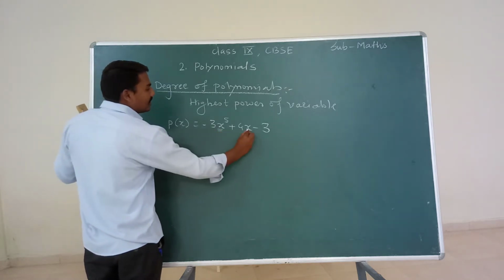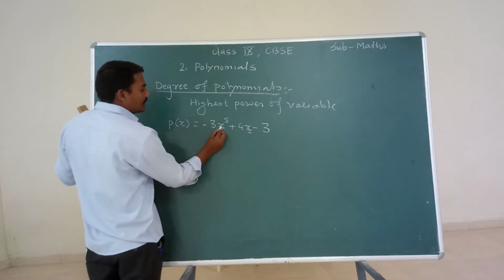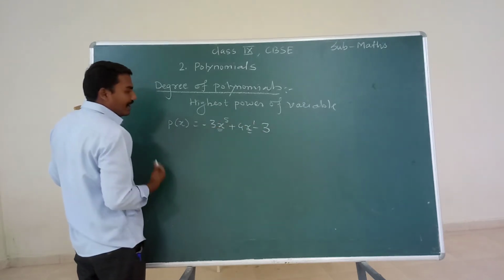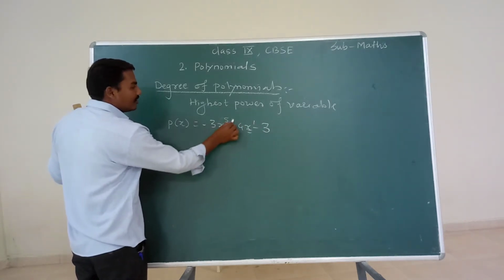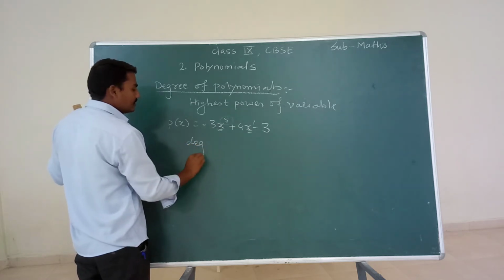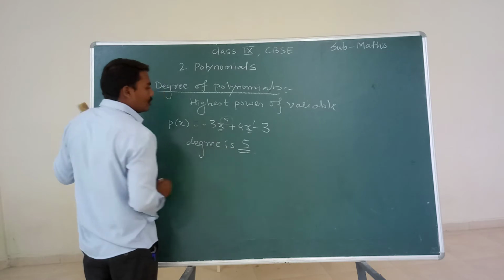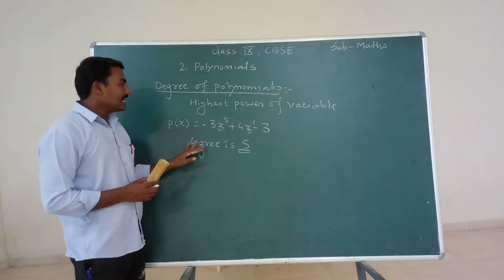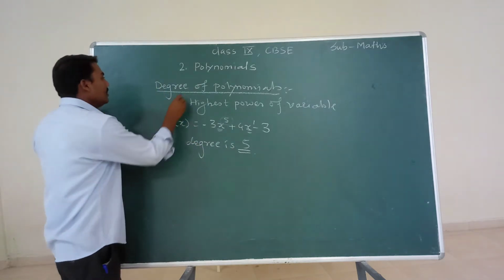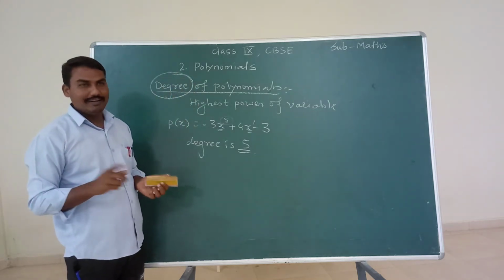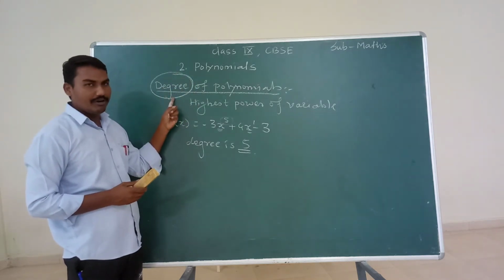Variable x is there, so here the power of the x variable is 5, here power is 1. So highest power kitni hai? 5. So the degree is 5. So the highest power in the given polynomial is nothing but the degree of that polynomial. Understood? Very simple concept, but it is very important. Degree.